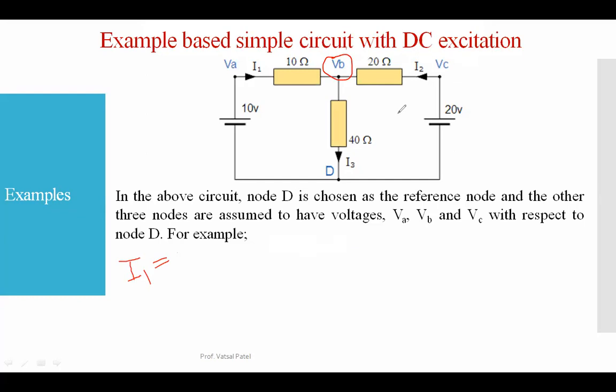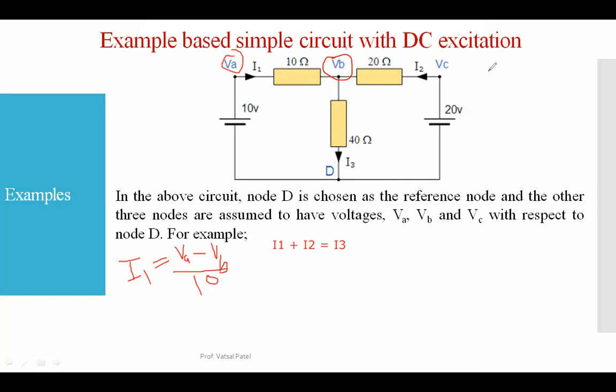According to Ohm's law, we can write V by R. But right now, you can see the potentials here are VA and VB. So can we write like this? VA minus VB, the potential difference between the terminals of the branch, divided by the resistance of that branch, which is given as 10 ohm. So in this way, we can write the equation for I1.